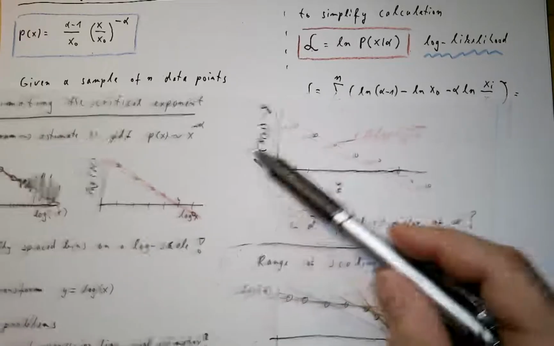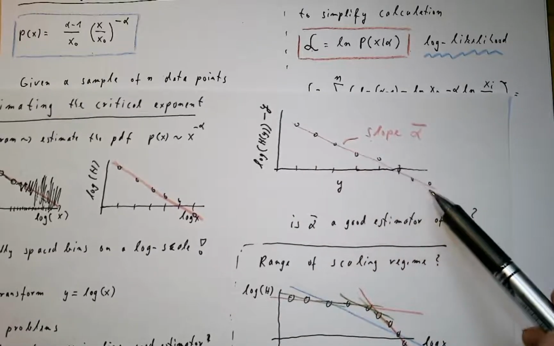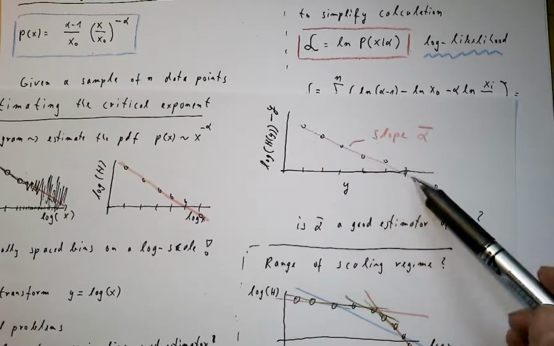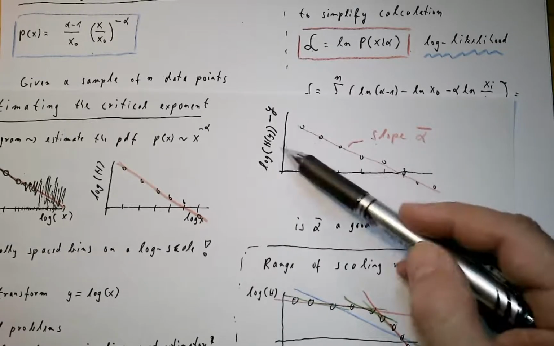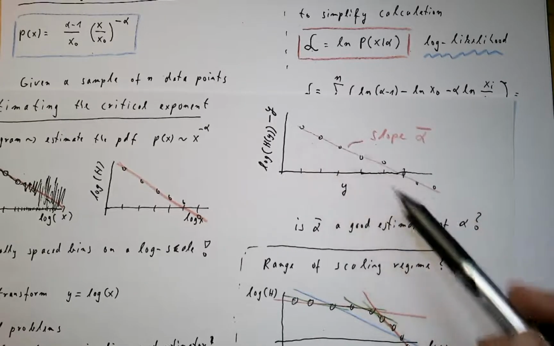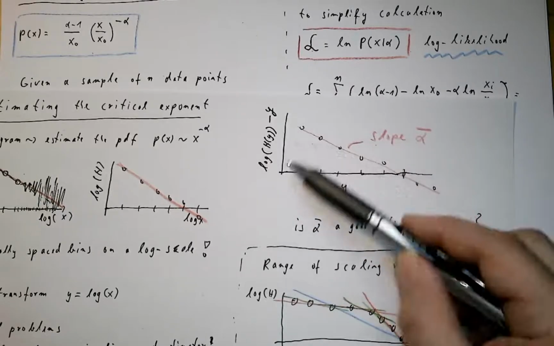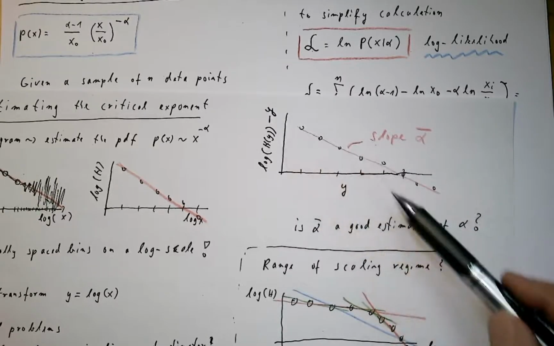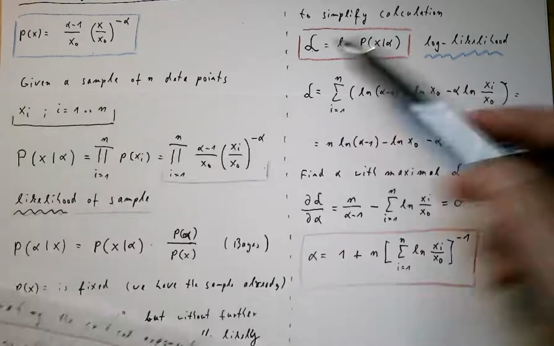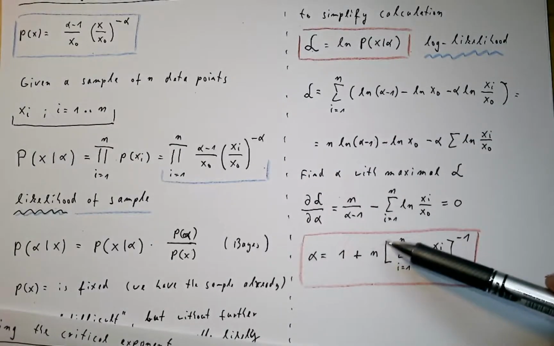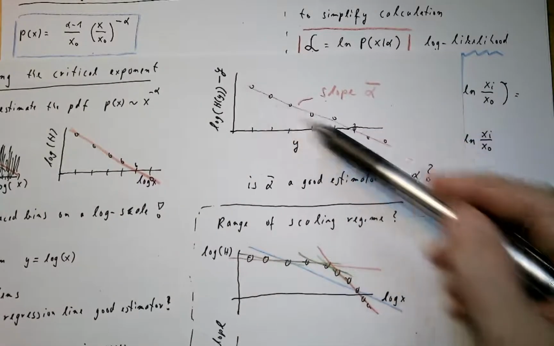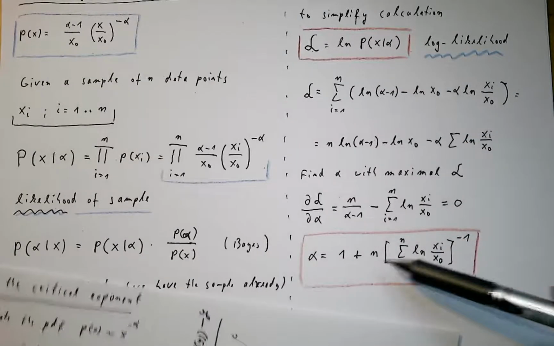So we also need to make this plot to see that we really have a scaling. If you make this histogram and the points don't lie on a straight line but are very curved, then the whole calculation with this log likelihood doesn't make sense at all. So only if we have a certain scaling regime can we use this formula.